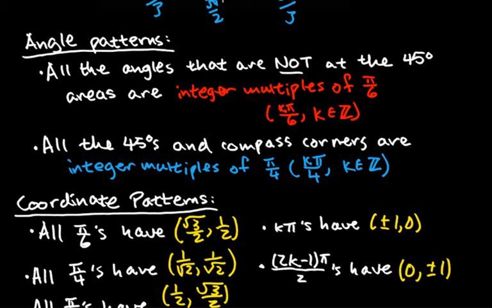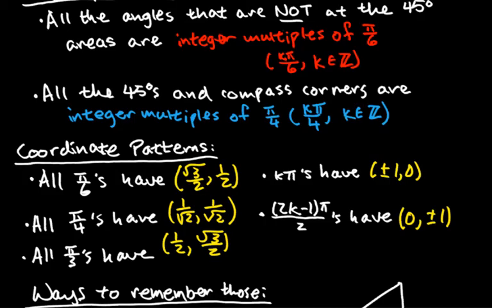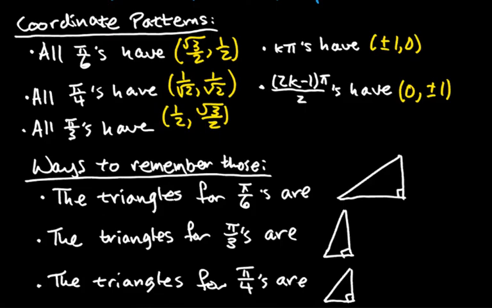So how about the coordinates? They have these patterns. Basically, at the pi over 6s, you always have square root of 3 over 2, comma 1/2. All of the pi over 4s have 1 over square root of 2, comma 1 over square root of 2. And all the pi over 3s have 1/2, comma square root of 3 over 2. And it's not too difficult to remember them, because the pi over 6s, they're all going to look like this.